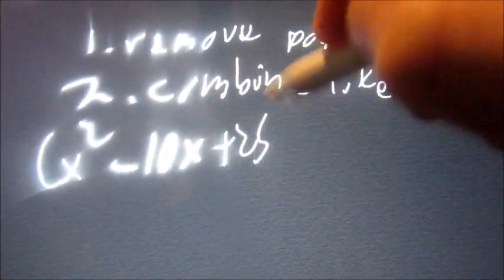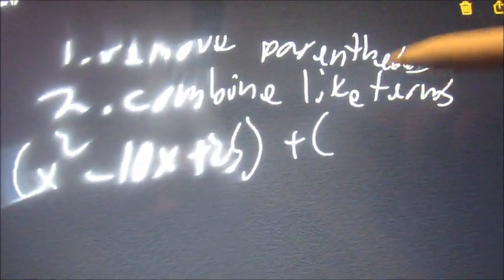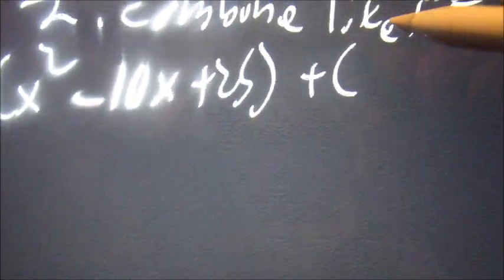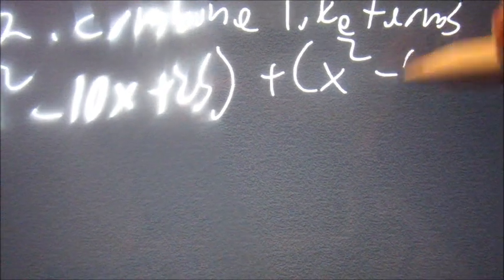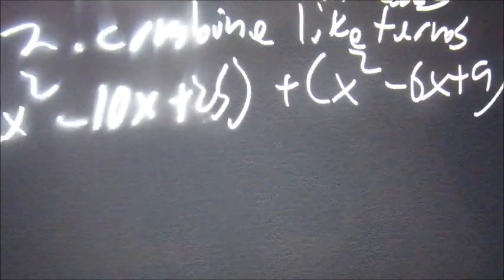Okay, so what we have here is going to be x squared minus 10x plus 25 plus x squared minus 6x plus 9.